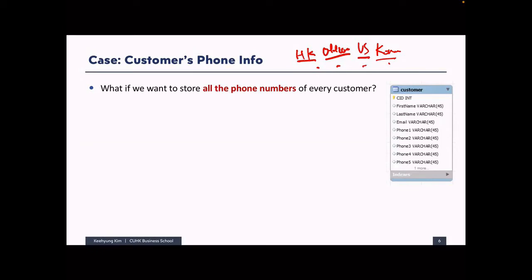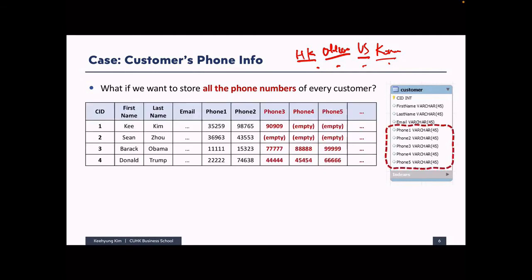And people who do international business actually have more phone numbers. So what if we try to store all the phone numbers for every customer? Whenever a person has more phone numbers, if we keep adding more attributes for phone numbers like this, it doesn't look good, right? It may work, but it is not a good design.